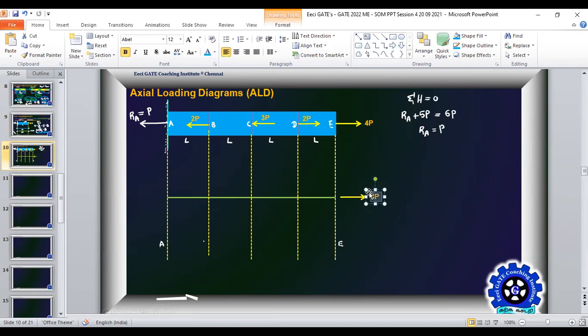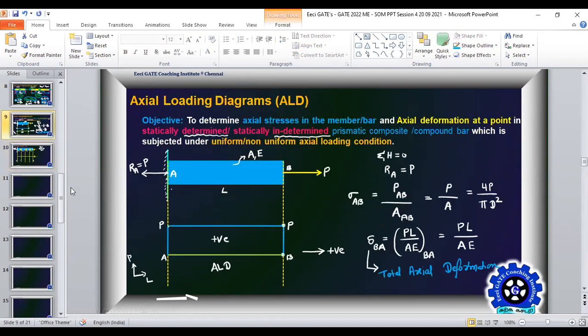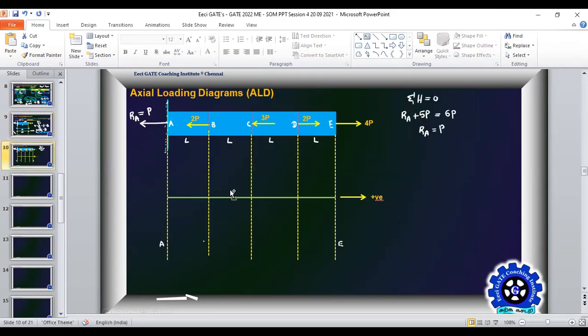Then your life will be cool. Positive. Okay. This is positive. Clear, na? Now, yes. Now I am here. Better to keep this thing at the bottom.